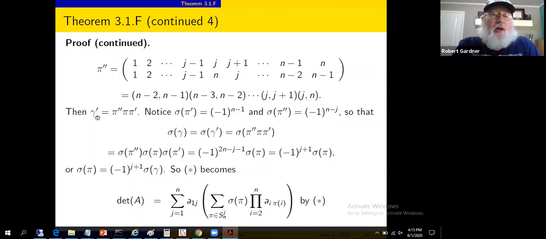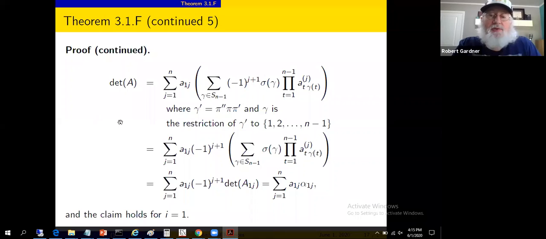The gamma primes are from S sub n, but all we have to do, back to the next page, is restrict gamma prime to 1 through n minus 1, and that gives us an element of S sub n minus 1. We had n mapped to n under gamma prime, so we set it up. I needed to transition from S sub n to S sub n minus 1, and this is where we're doing it. So we take the pi's and replace them with these gammas.